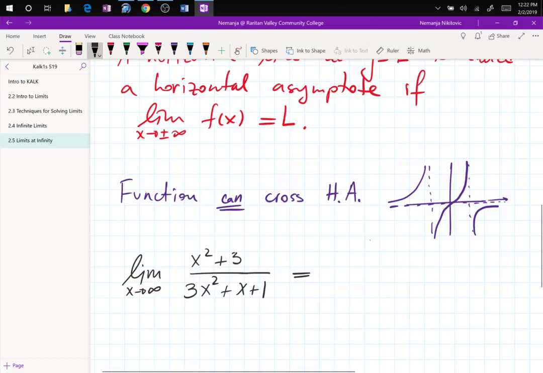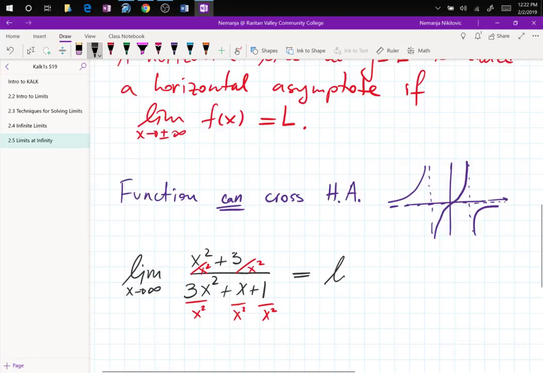So each one of these gets divided by x squared. x squared is the largest polynomial term, the leading term, and you divide every term of both of these polynomials by x squared.